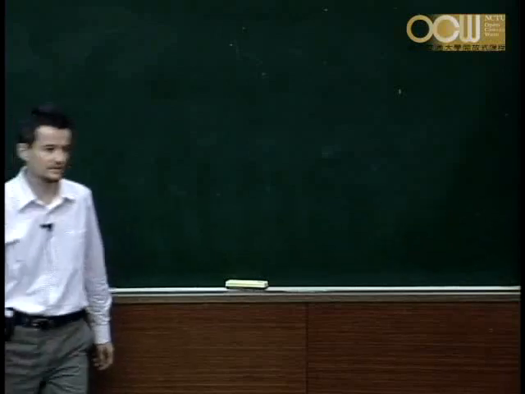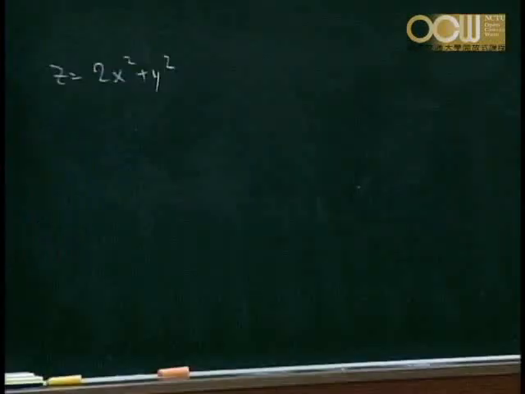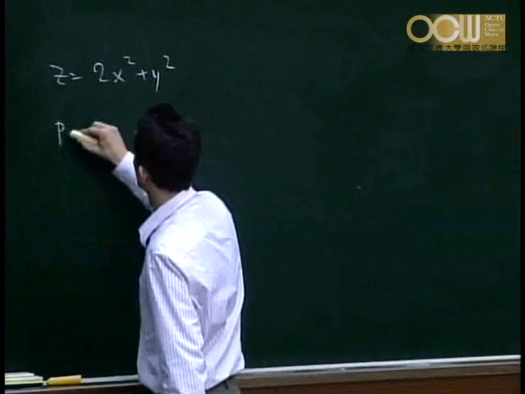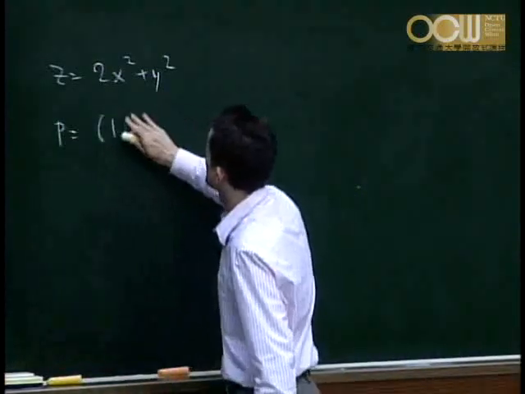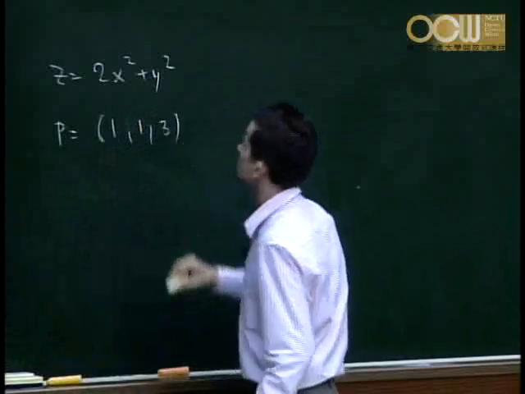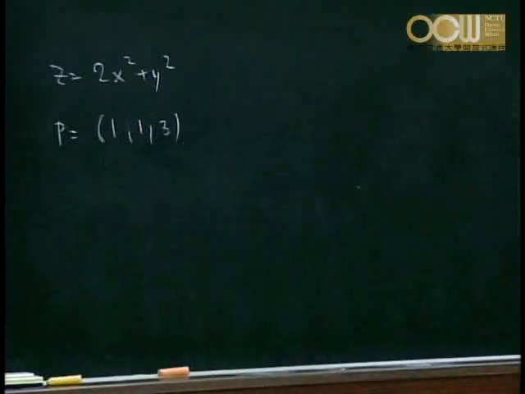So let's stick to the same example. This is a very easy function. The surface is an elliptic paraboloid. The point we consider is (1, 1, 3). Of course, it's easy to come up with the tangent plane, or linearization, or linear approximation.